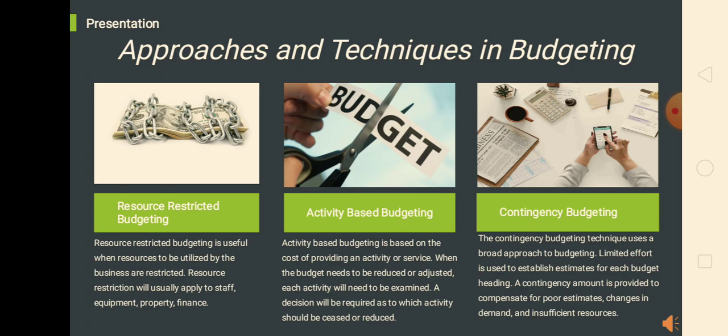Activity-based budgeting is based on the cost of providing an activity or service. When the budget needs to be reduced or adjusted, each activity will need to be examined. A decision will be required as to which activity should be ceased or reduced. This method of budgeting is only possible if there are clear divisions between each activity to indicate clearly where resources are allocated.